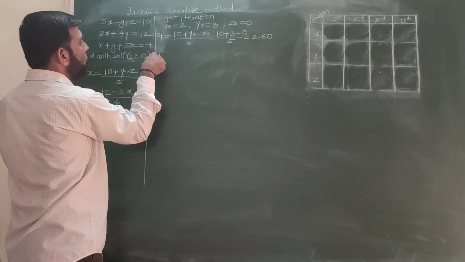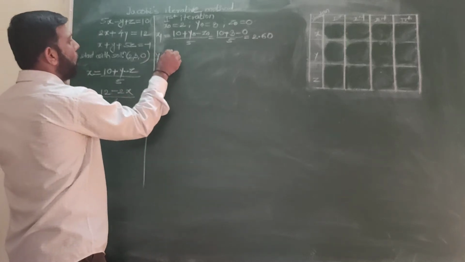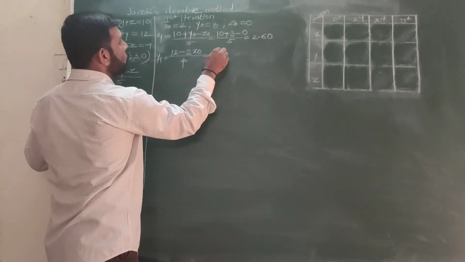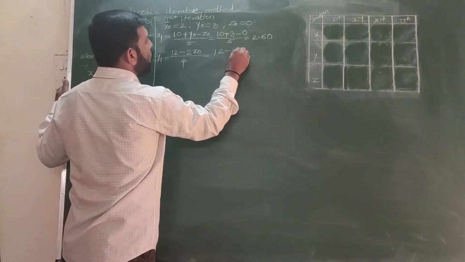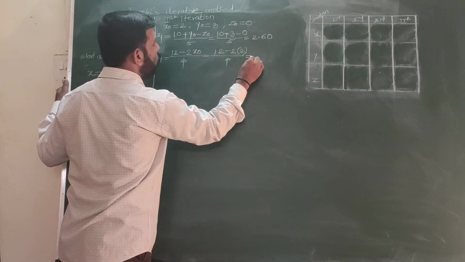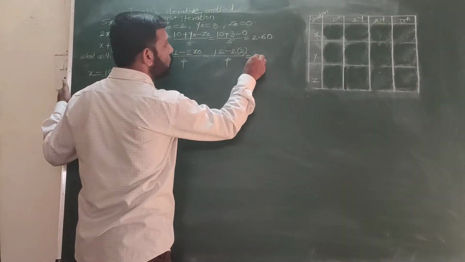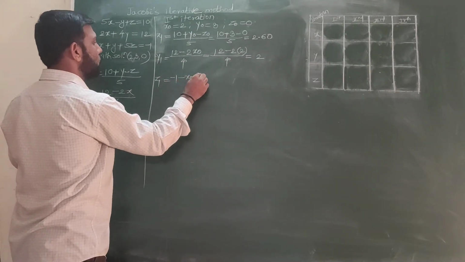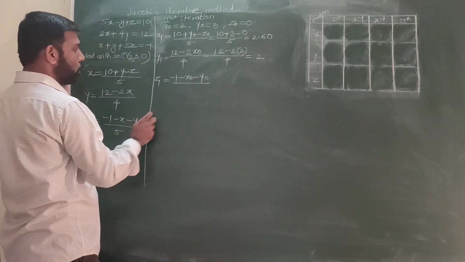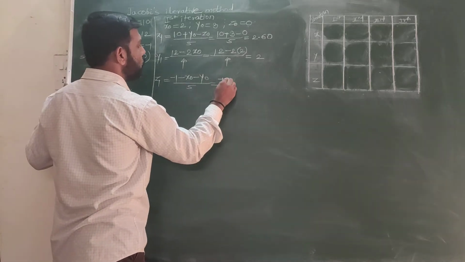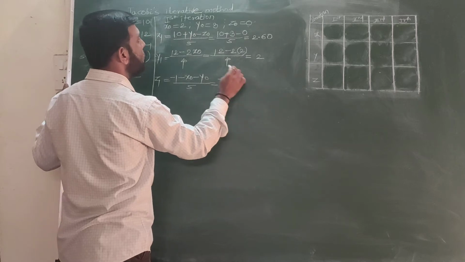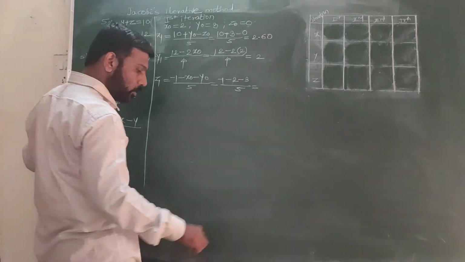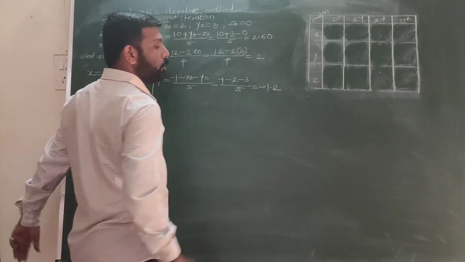Next, y1, the first approximation for y: (12 minus 2 into x0 value 2) divided by 4, output 2. z1 equals (minus 1 minus x0 minus y0) divided by 5: minus 1, x0 value 2 minus y0 value 3, divided by 5, output minus 1.2.